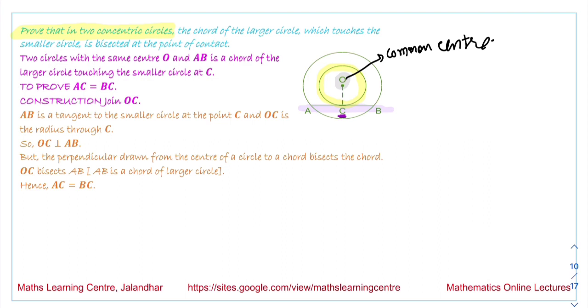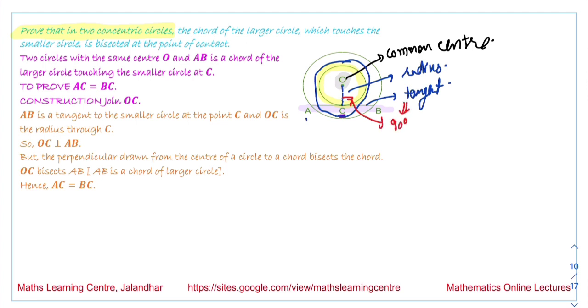To prove this, we have done the construction and joined the points O and C. For the smaller circle, AB is the tangent and OC is the radius, and we know that this angle will be 90 degrees because the tangent and the radius are at 90 degrees for a circle.